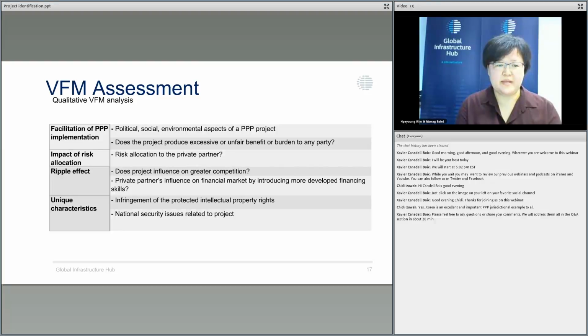The PPP project risks should be transferred to a private party. We can also review the ripple impact of the project's influence on greater competition, and we need to review some unique characteristics for individual projects.